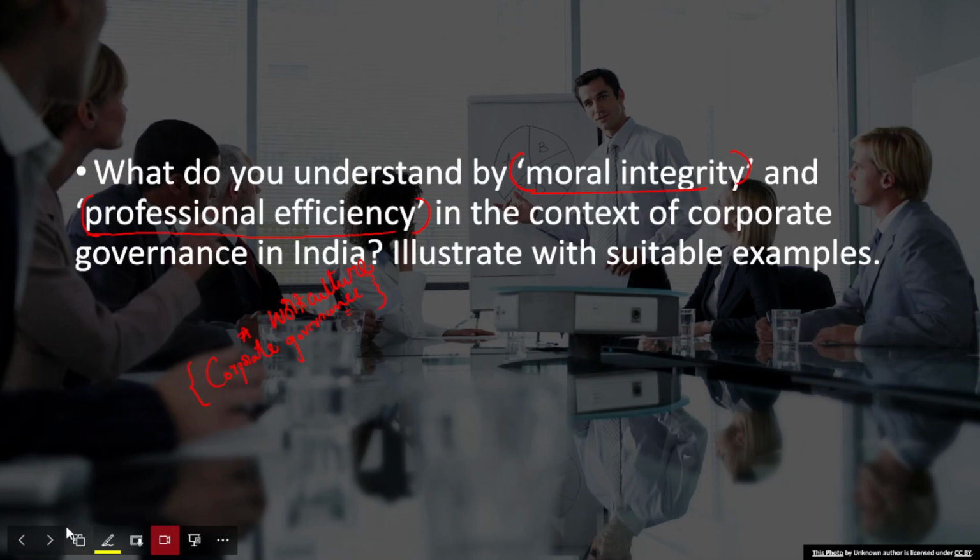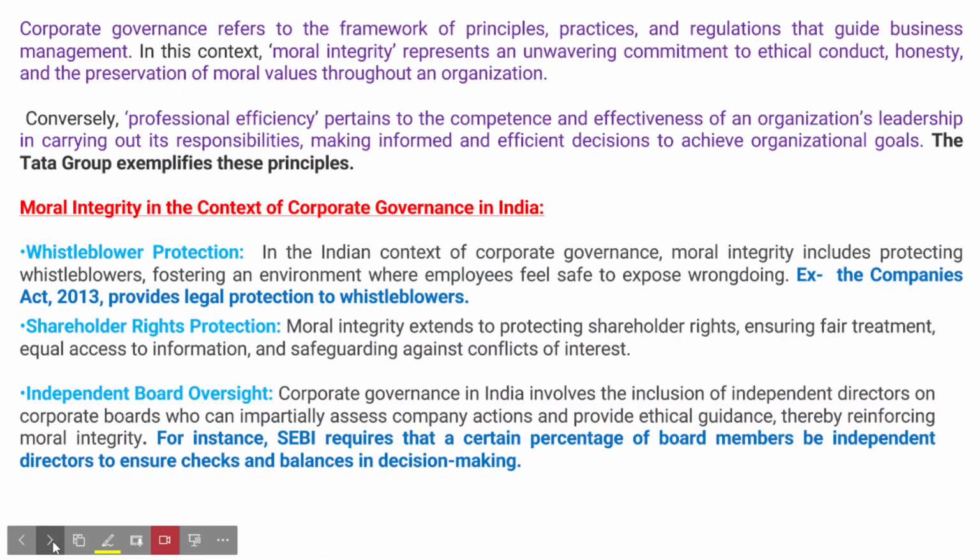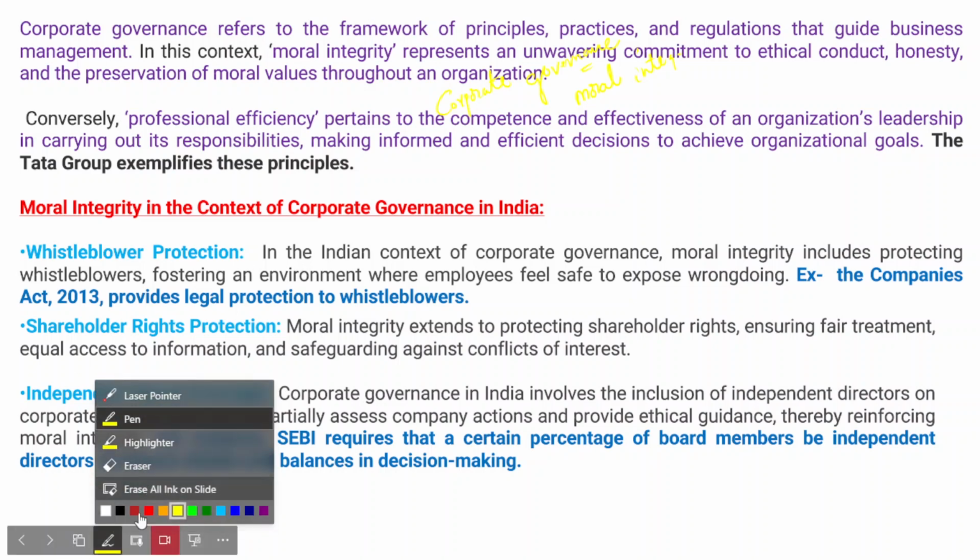Now, first define what exactly corporate governance is in the introduction itself. After defining corporate governance, you should also give a one line definition of moral integrity, and then you should also define what exactly professional efficiency in corporate governance is.